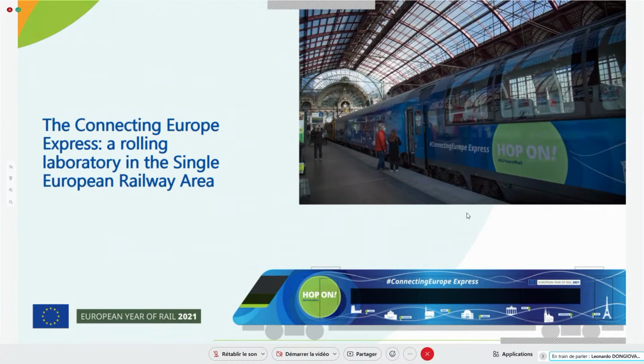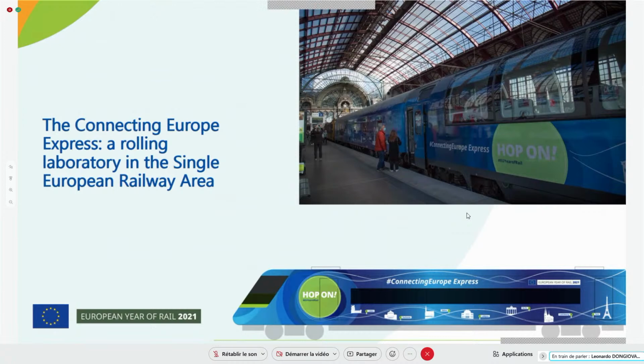And in this respect, during the months of September and October, we had the so-called Connecting Europe Express, a train which had a long journey across Europe, across almost all European member states, and was meant to promote the European Year of Rail and to reach out to basically every corner of Europe as a promotional exercise.